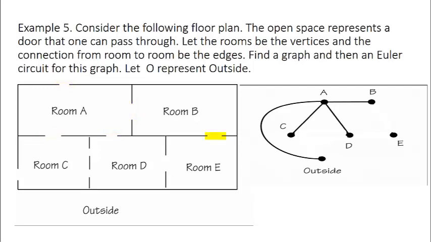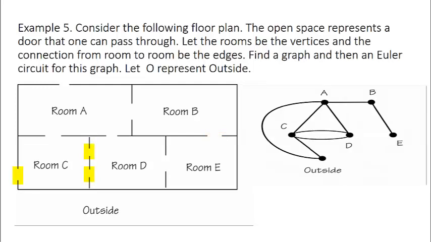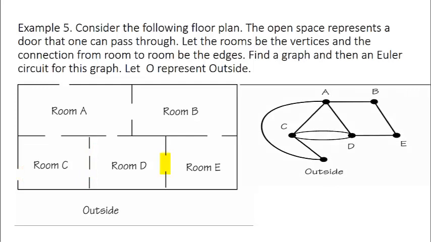Now B also has a door connecting to room E. C has a door connecting to the outside and two doors connecting to room E. So we need two edges connecting vertex C to vertex E. Finally, we need one edge representing the door from D to E.